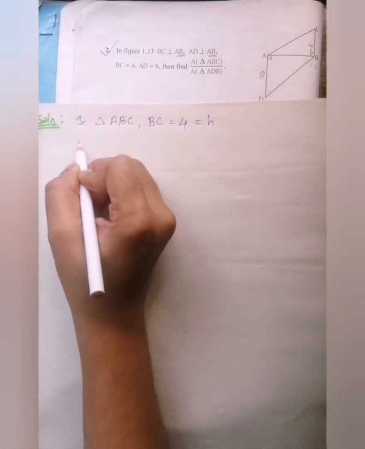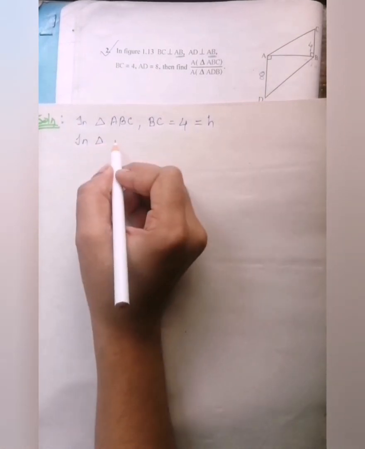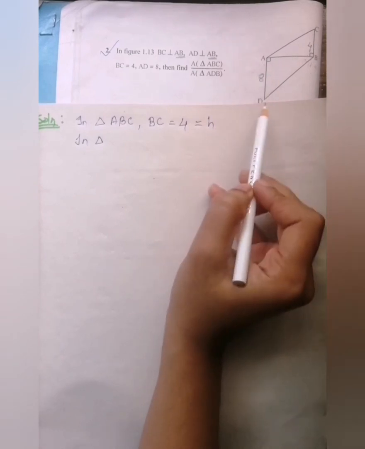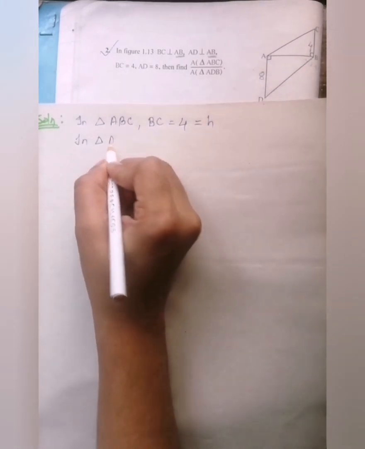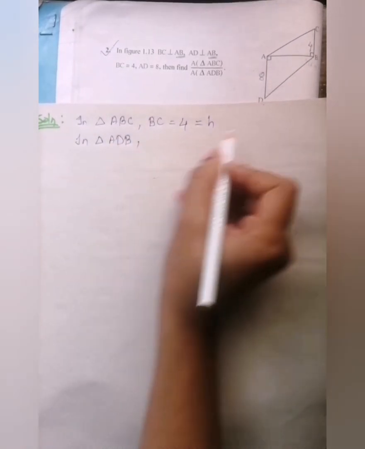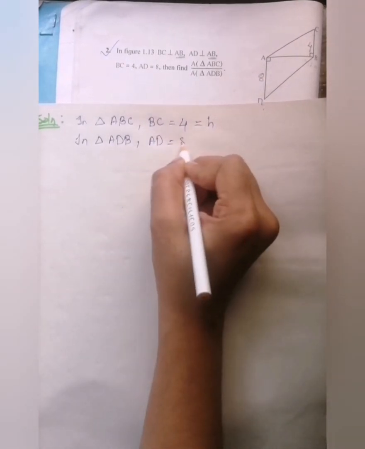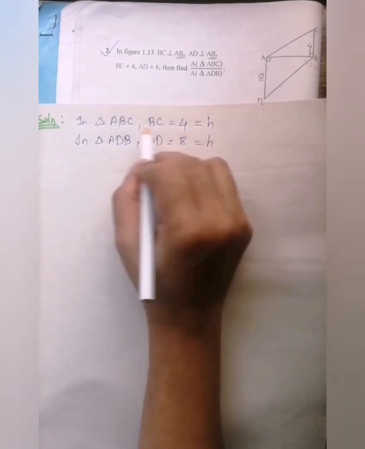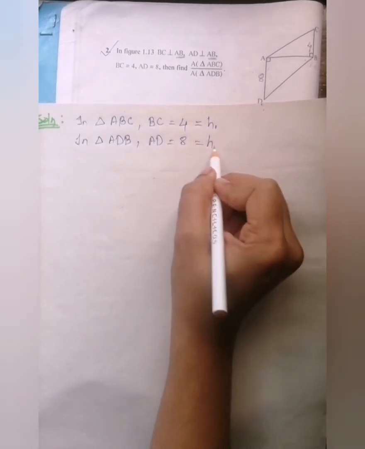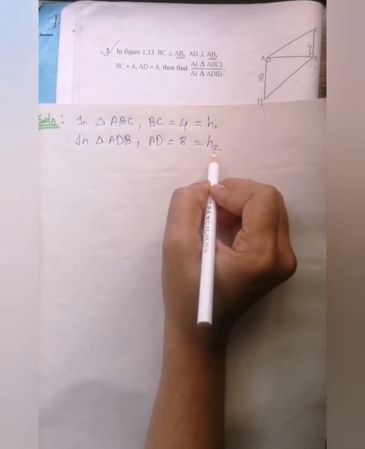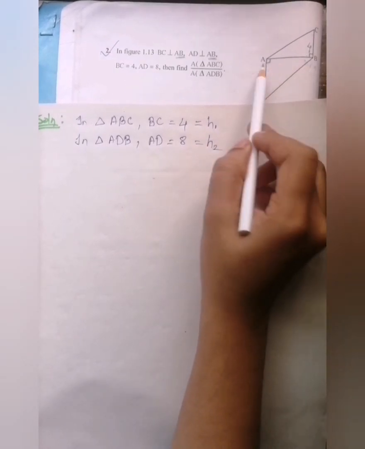And in the second triangle ADB, AD is equal to 8, so this is also a height. Call the first one H1 and the second one H2. And next, we have a common base.